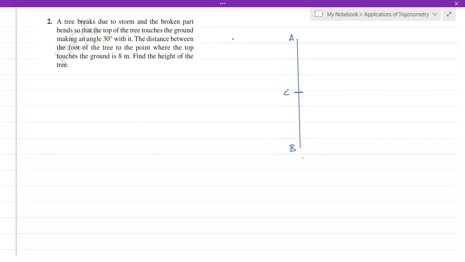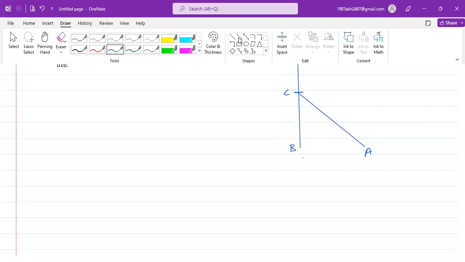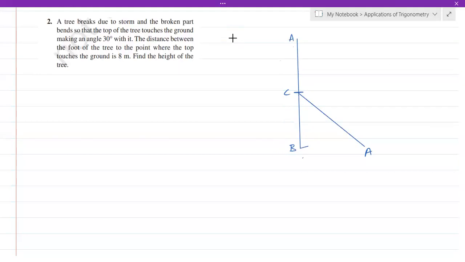Let's say it is C. The broken part is AC, and that broken part is bending towards the ground. Let me draw that also. So that broken part A will come here. Now BA will be the ground. The bottom part is the ground.